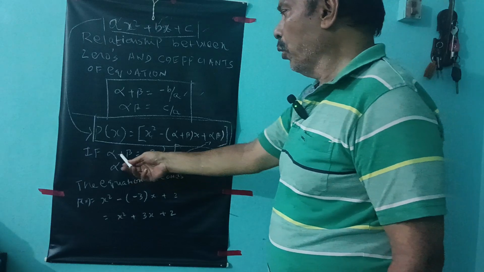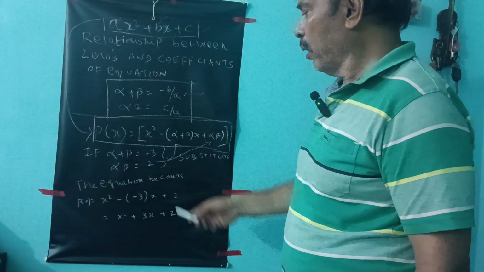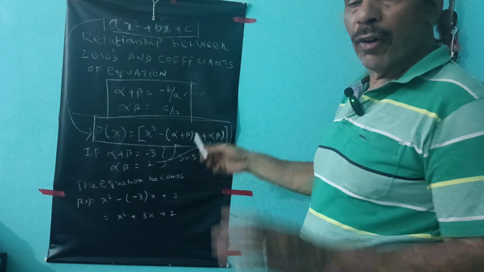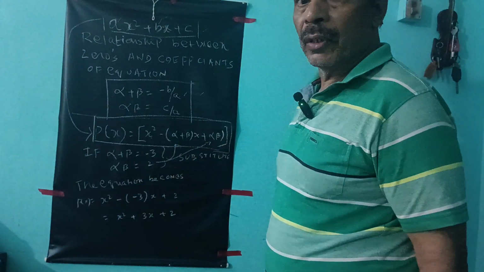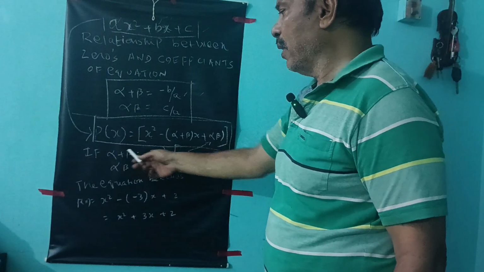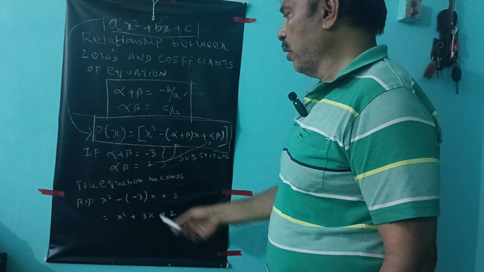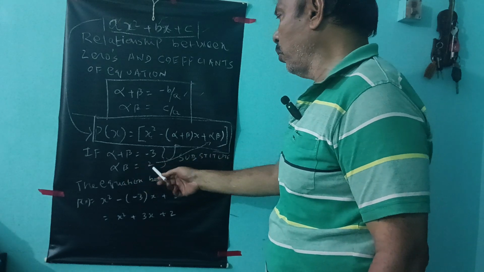Suppose a problem is given, construct or form a quadratic equation using alpha beta. Suppose alpha plus beta equal to minus 3 and alpha beta, alpha into beta, equal to 2.